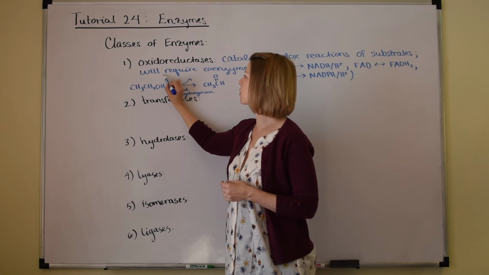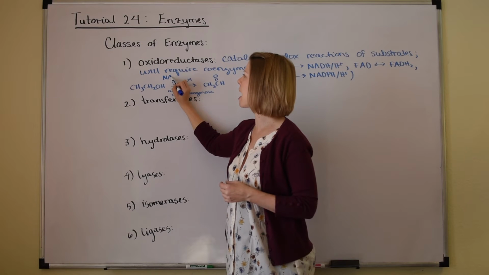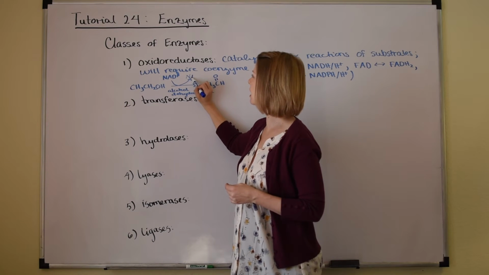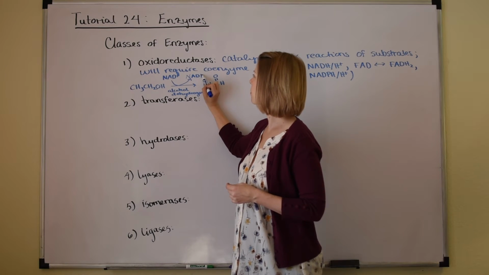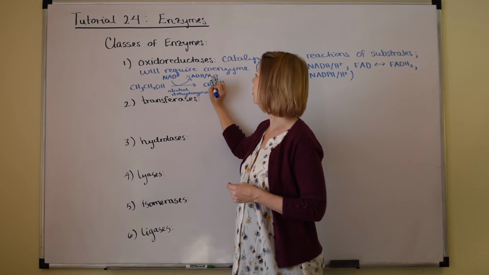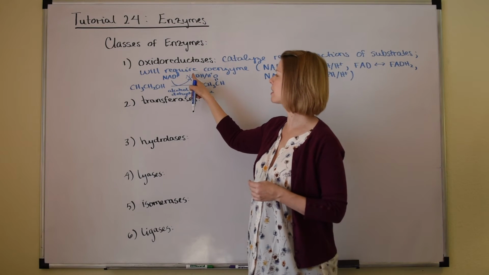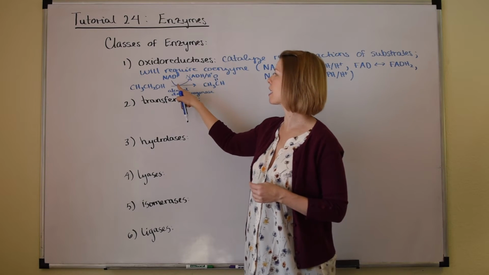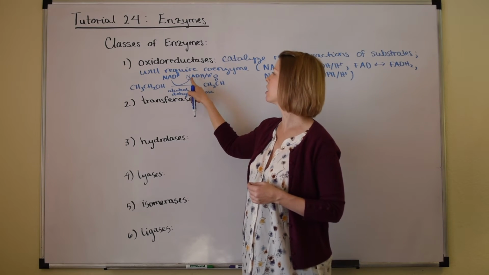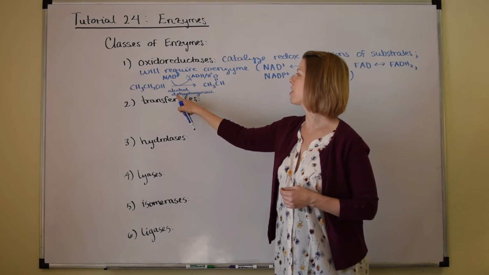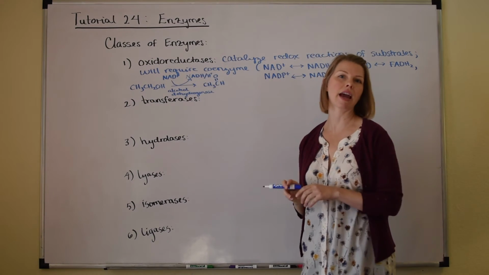We're going to write that this requires the coenzyme NAD+ being reduced to NADH, H+. Okay, so our coenzyme, the reaction of our coenzyme, the reduction is shown here, the oxidation of our substrate here, and then our enzyme name on the arrow.